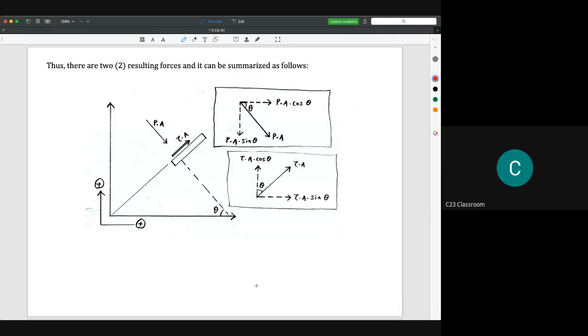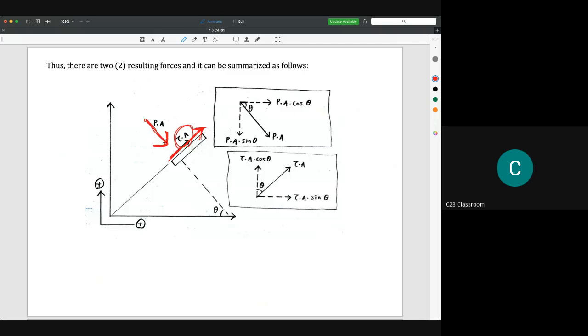Let's say the force from the pressure acts like this. You know that pressure will push on the surface, and the shear stress here will act like this because it depends on the moving direction. And as I said previously, we need to sum all the forces on the x axis to calculate the drag force, and sum all the forces on the y axis to calculate the lift force.